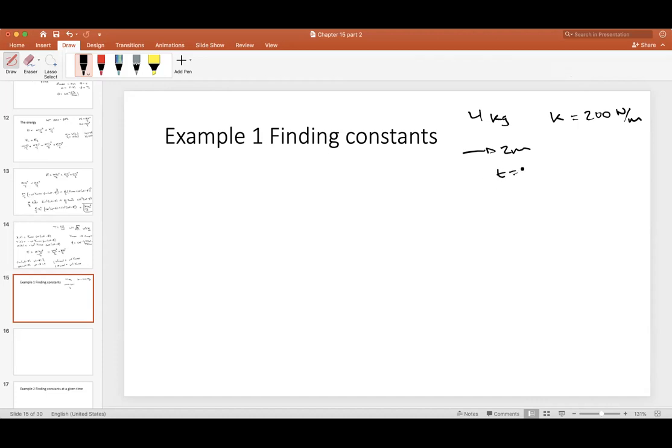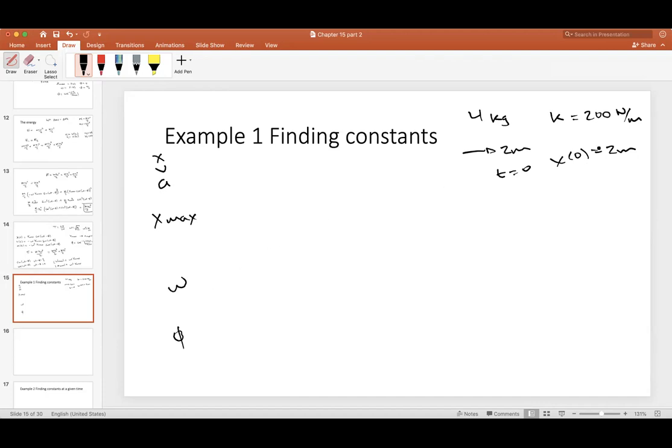So at t equal to 0, x of 0 is 2 meters. And from this information, what I want to know is what is x, what is v, what is a at any time. And then I'm going to ask at specific times. So how we start this is we need to find x max, we need to find omega, and we need to find phi.